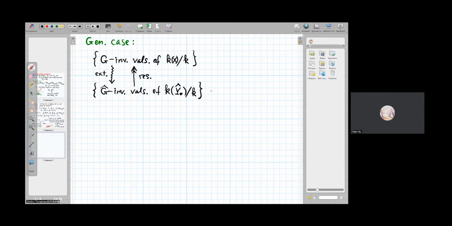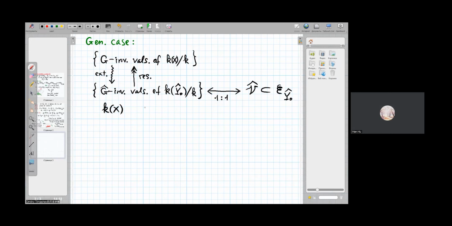Now we know by the quasi-affine case, which we already proved, that this set of valuations is in one-to-one correspondence with a convex cone, say V hat, in the vector space E sub Y naught hat. This is the vector space spanned by the weight lattice of Y naught hat. But this weight lattice contains the weight lattice of X, because we have the inclusion of rational functions.